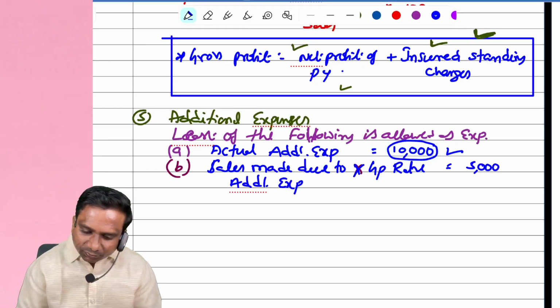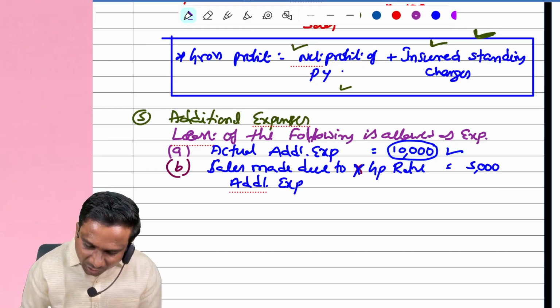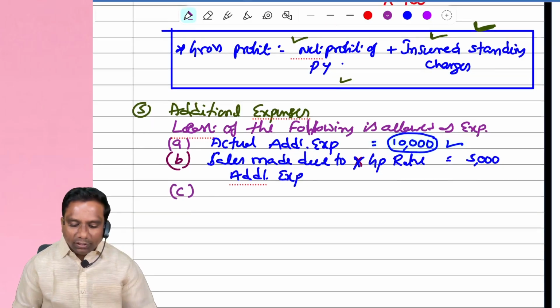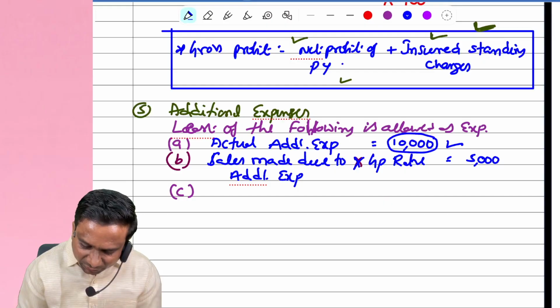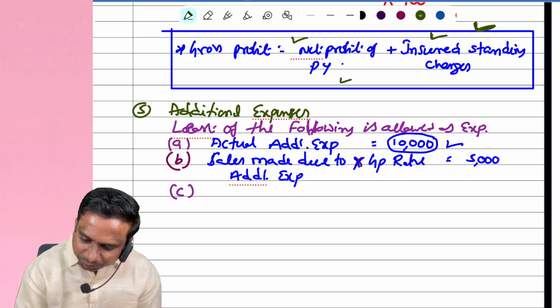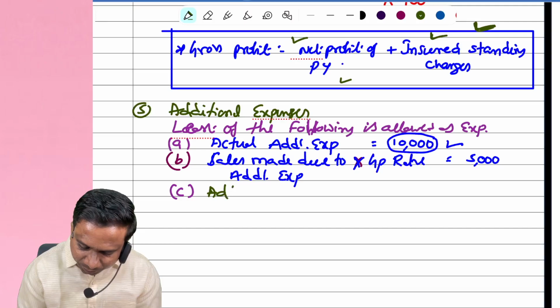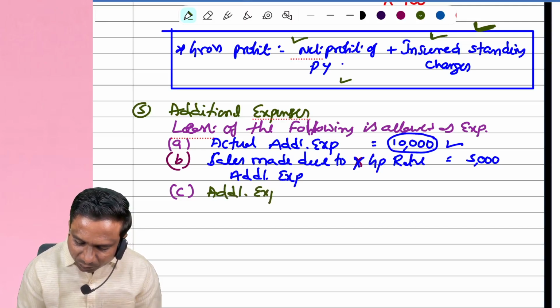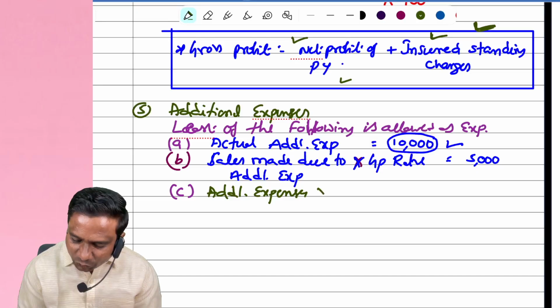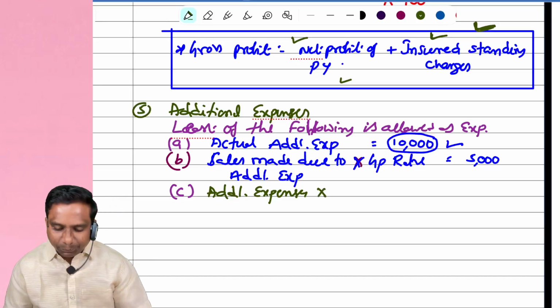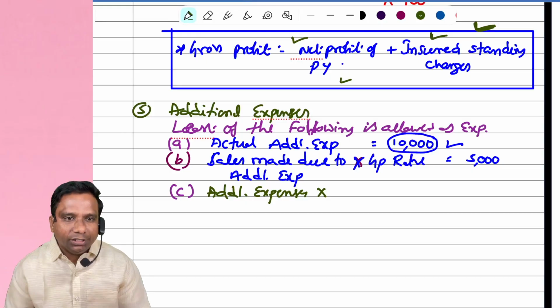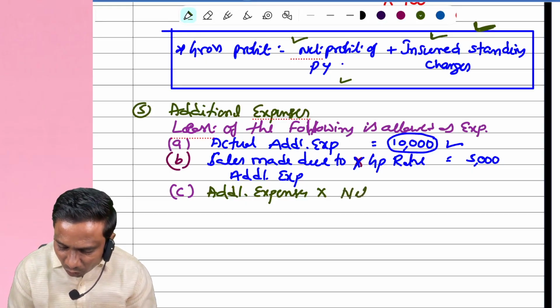Assume. Next one. And they are giving a big calculation here. What is that calculation? Look at additional expenses you have incurred. Yes, sir. So I am taking some proportionate of all expenses.